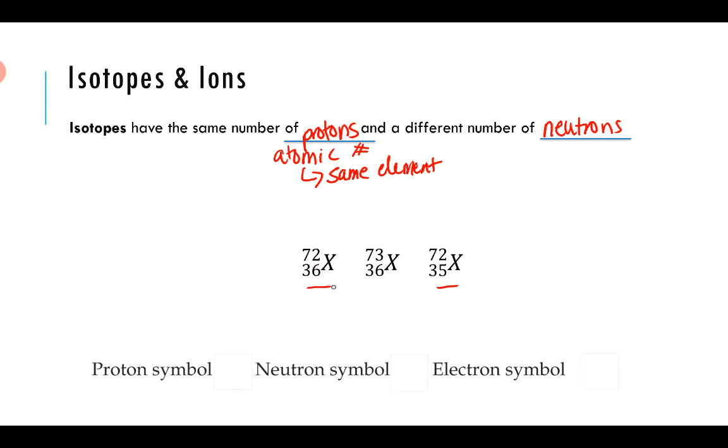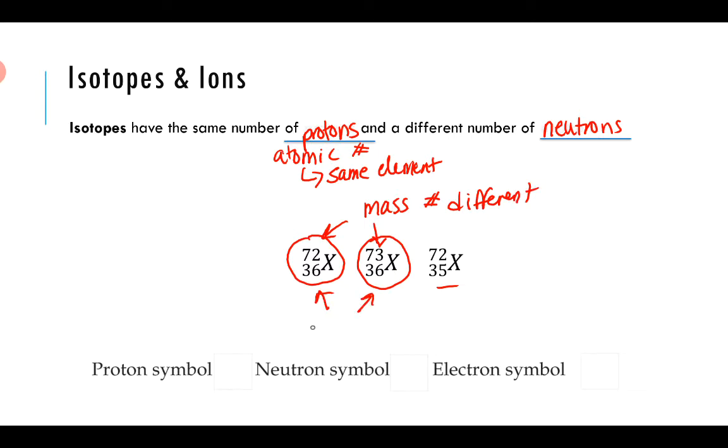So our pair of isotopes are these first two. You can tell that they have different mass numbers.